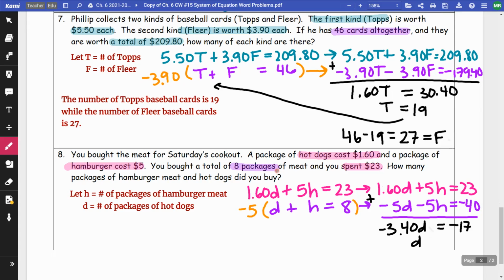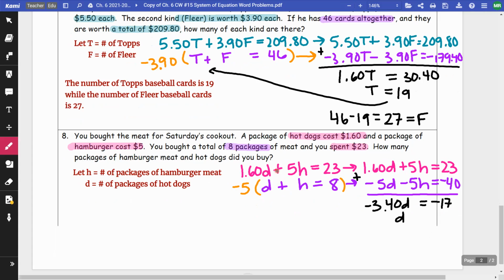I'm going to divide each side by -3.40. And when I do, I end up getting 5 packages of hot dogs. Now there are 8 packages total, so that means my hamburger packages was 3.